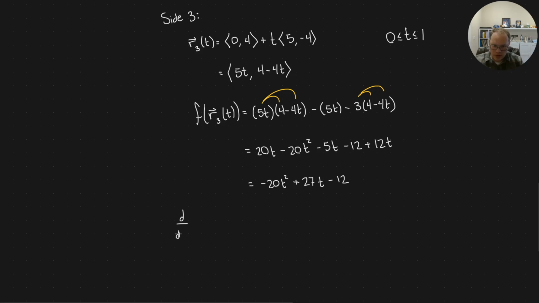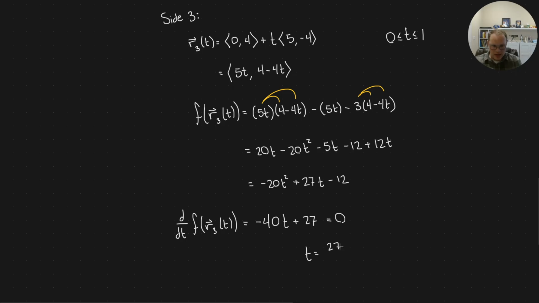So the derivative of f of r3(t), I get negative 40t plus 27. I want to set that equal to 0. This equation does have a solution, right? So let's solve it. The t I get is subtract the 27 and divide by the negative 40. The negatives cancel.